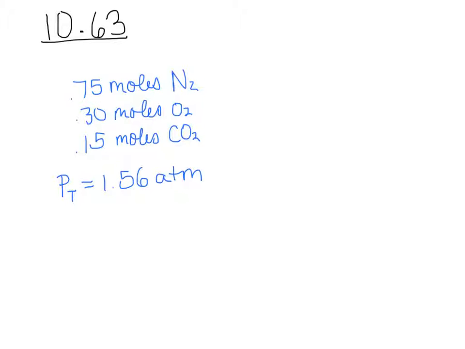So what I did to solve this problem was I added all of the number of moles together to get 1.2 moles total of all of the components, and then I took that 1.2 moles and I divided each component by that.